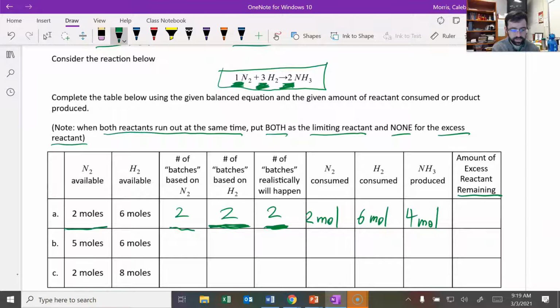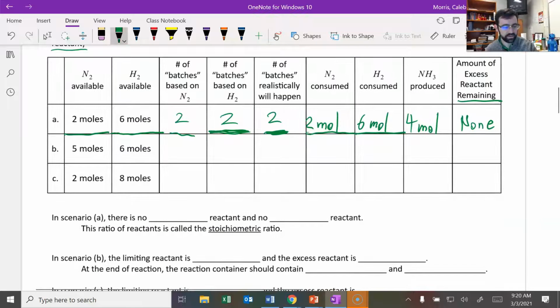I started with 2 moles of N2. I ran out. I started with 6 moles of H2. I used all 6 moles. I ran out. What's the amount of excess remaining? None. Or you could say 0 moles. So for scenario A, there is no limiting reactant.